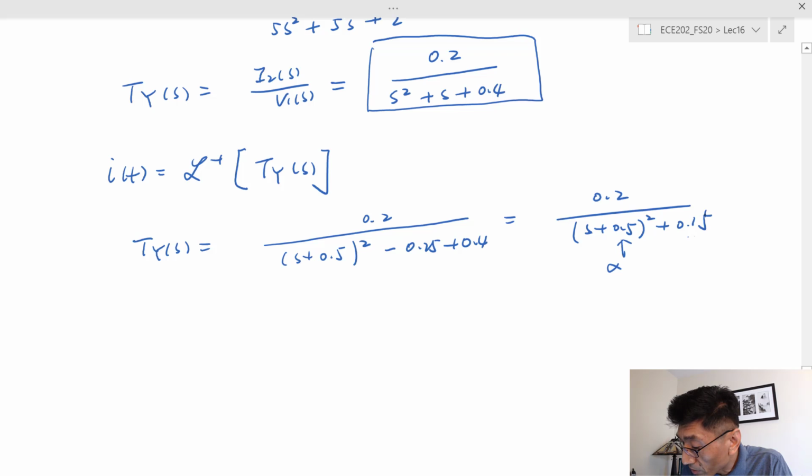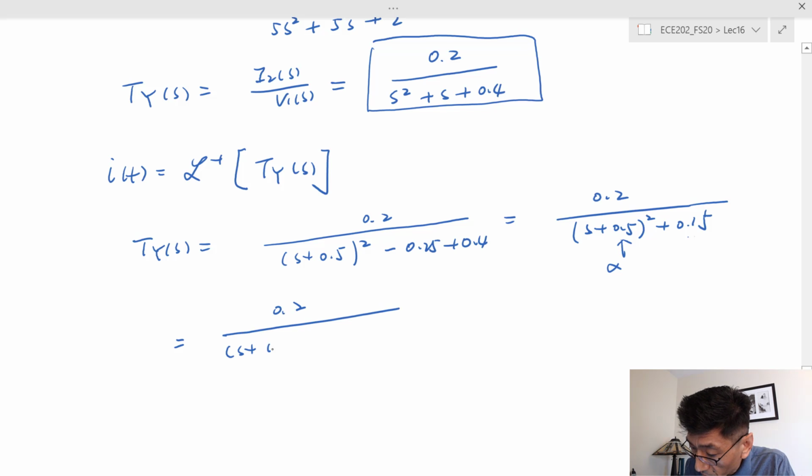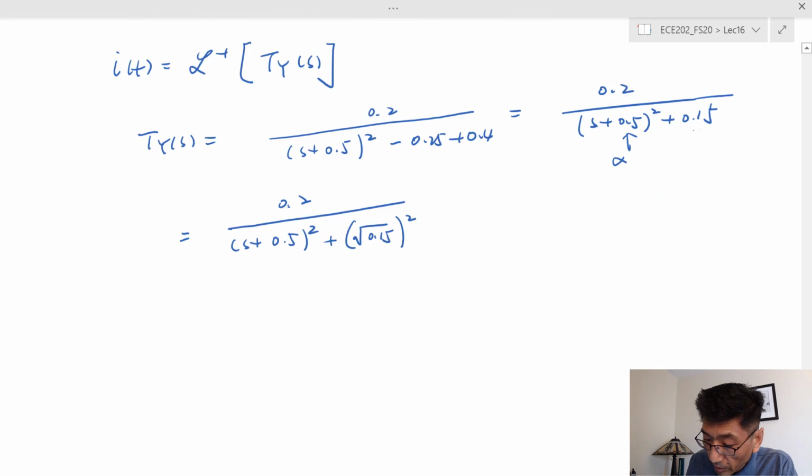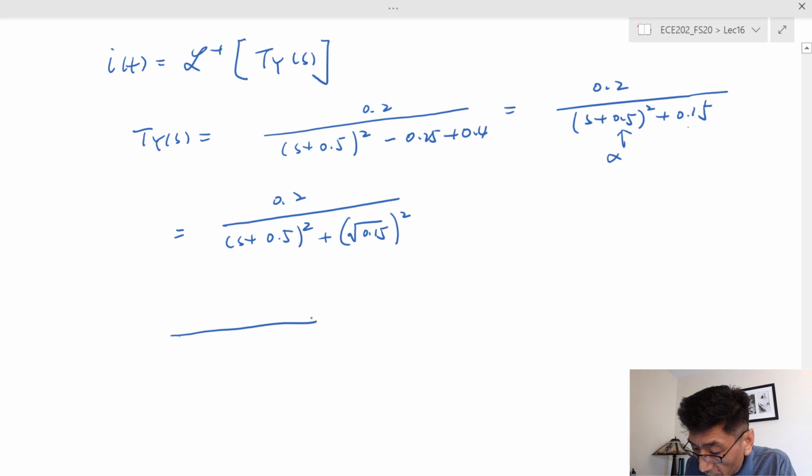So that's the frequency. So in this case, we rewrite this as 0.2 over S plus 0.5 squared plus the square root of 0.15 squared.